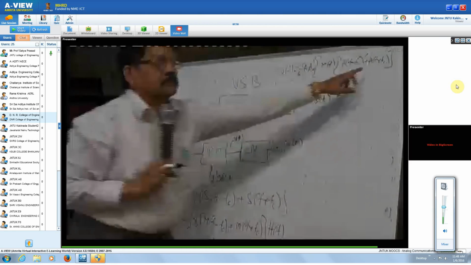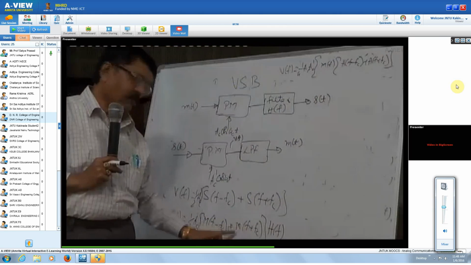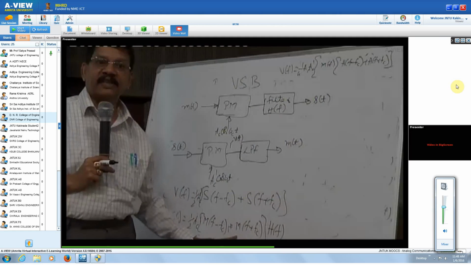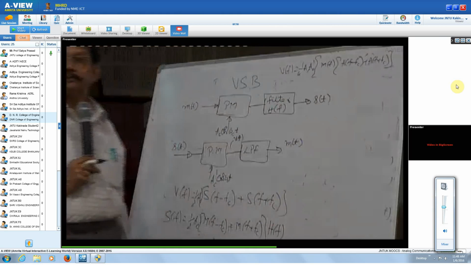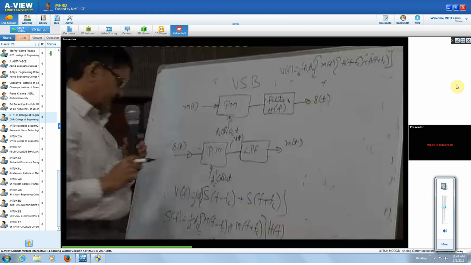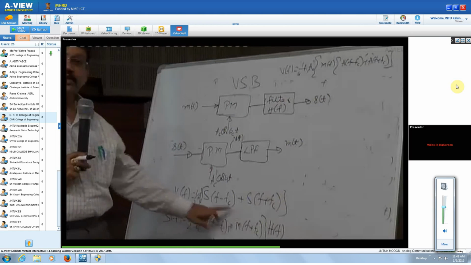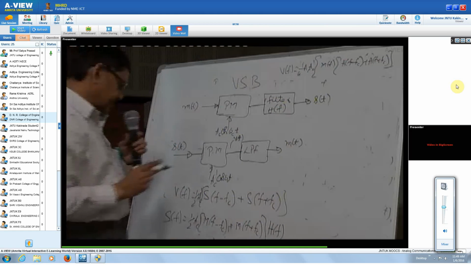And for this one, we are getting f minus fc, so h of f minus fc into M of f, plus, as I have seen, this gives you S of f minus 2fc, right?